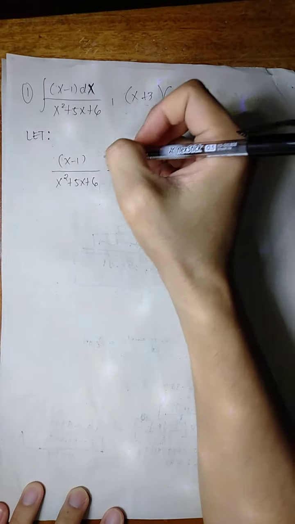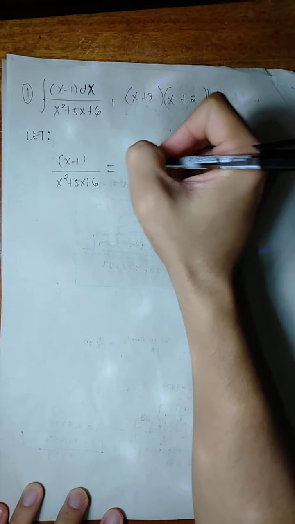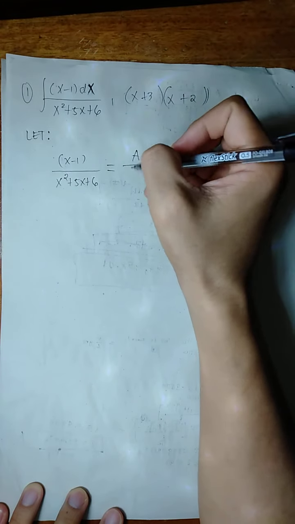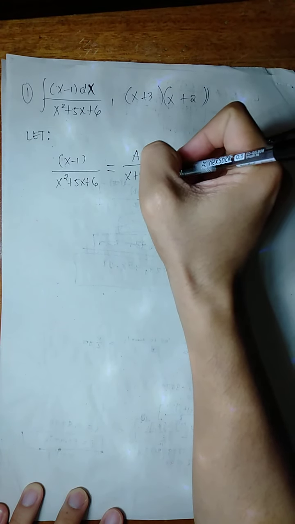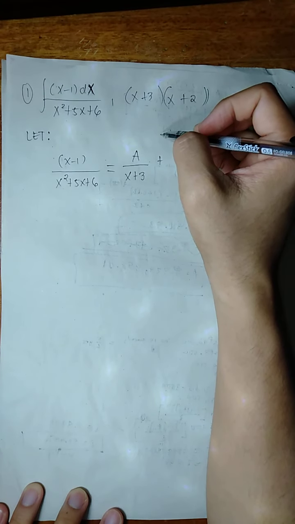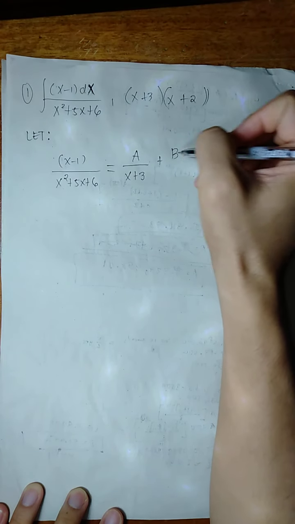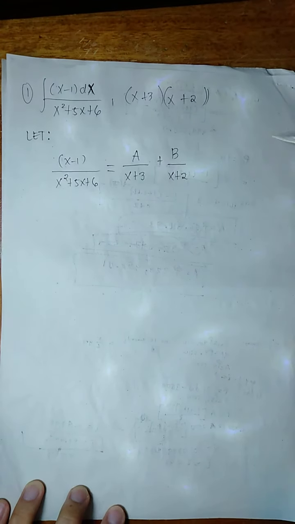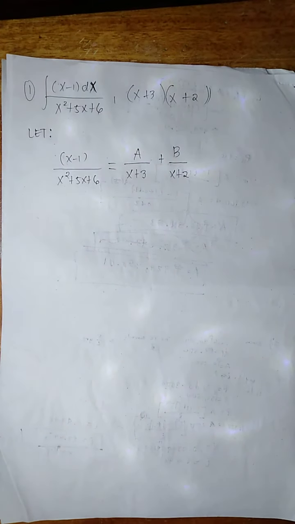So we introduce a constant A over x plus 3, plus B over x plus 2. This is our distinct factor setup, so let's simplify it.